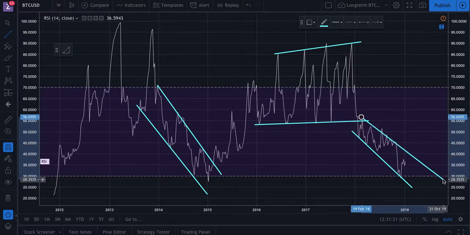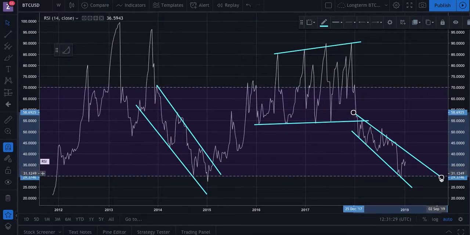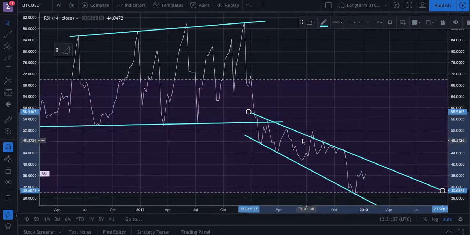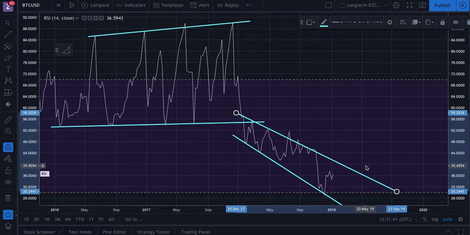No, like that. It's going to look something like that. Let's zoom in and see how it is. It's going to look something like that.